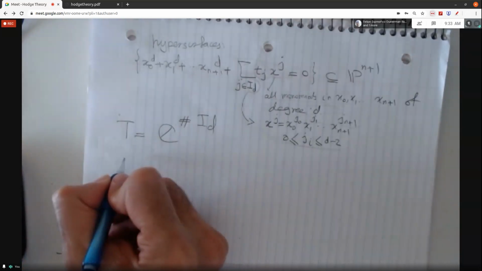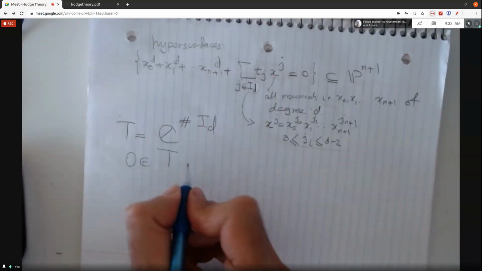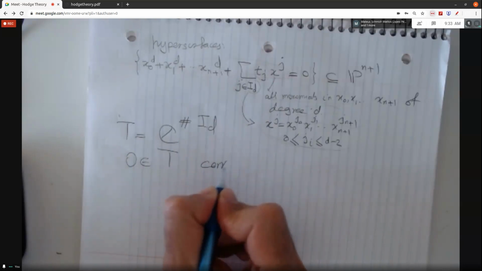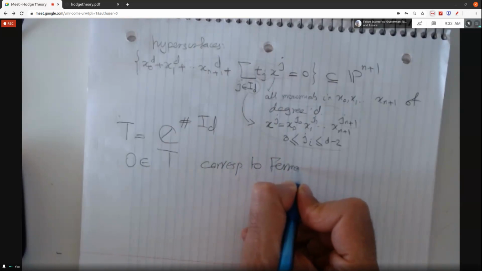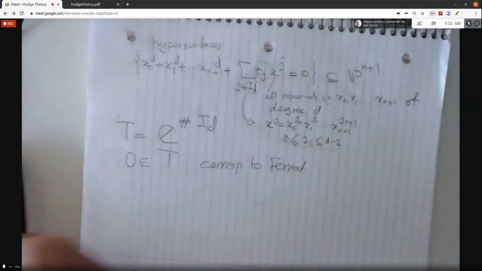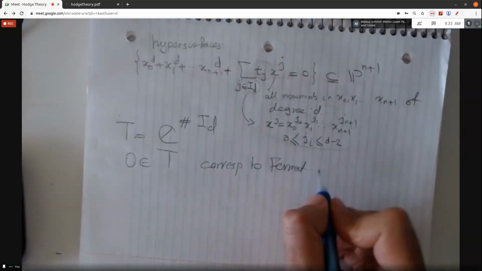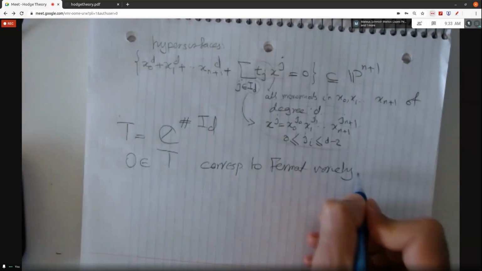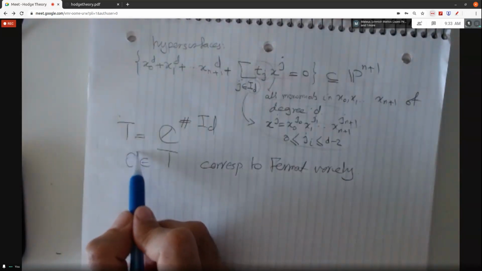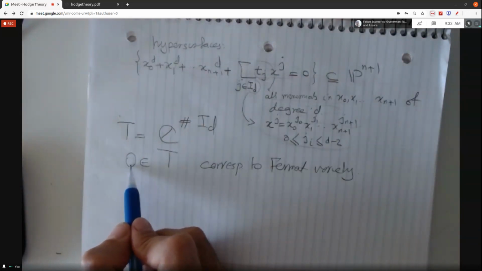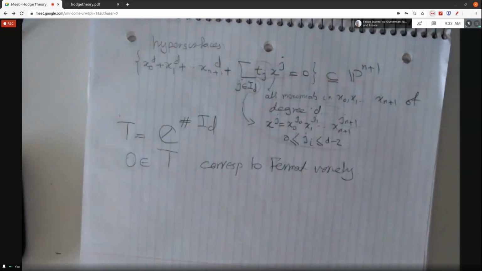I have my 0 in T, which corresponds to Fermat, because when I put all tj's equal to 0, I have the Fermat variety. So I will focus from now on the Hodge locus passing through the Fermat variety and for hypersurfaces.